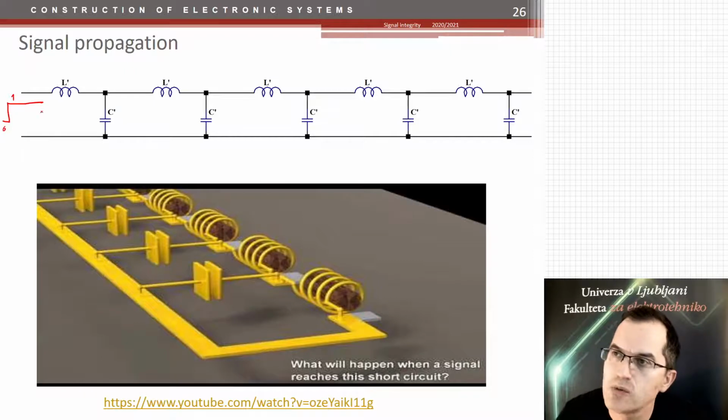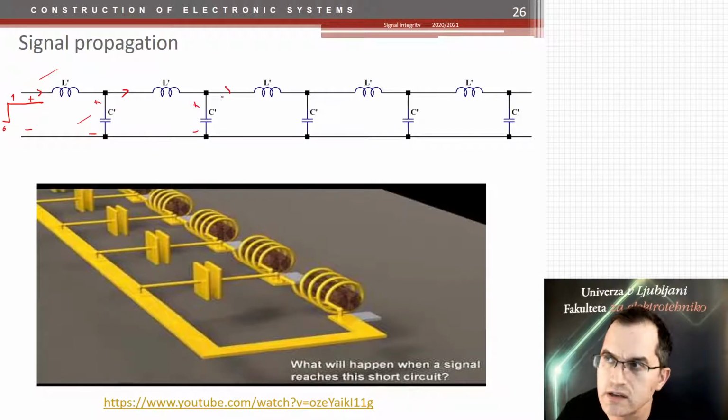So what happens then? Then you're building a voltage here, and here the voltage is 0. Therefore the current starts to flow through this coil, and you know the coil has a continuous current, right? So the current is rising through this coil, and then the voltage builds up on the capacitor. Then this voltage, and this one is 0, starts to run current through here, and then the voltage builds here, and so on and so on. You got the idea, right?